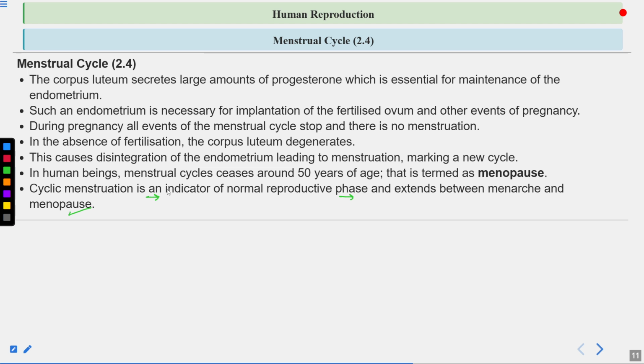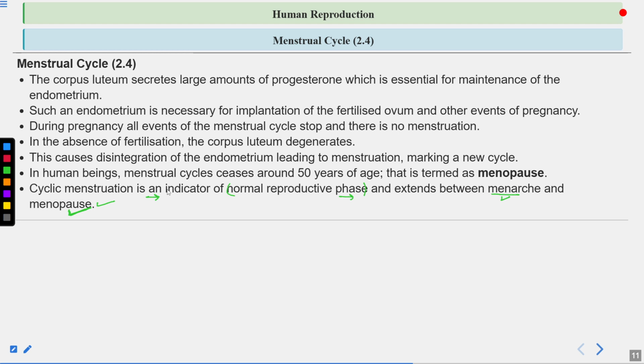Menarche means starting of the menstruation, and menopause means the end of the menstrual cycle, when there is no egg formation now. This occurs at around 50 years of age in females.